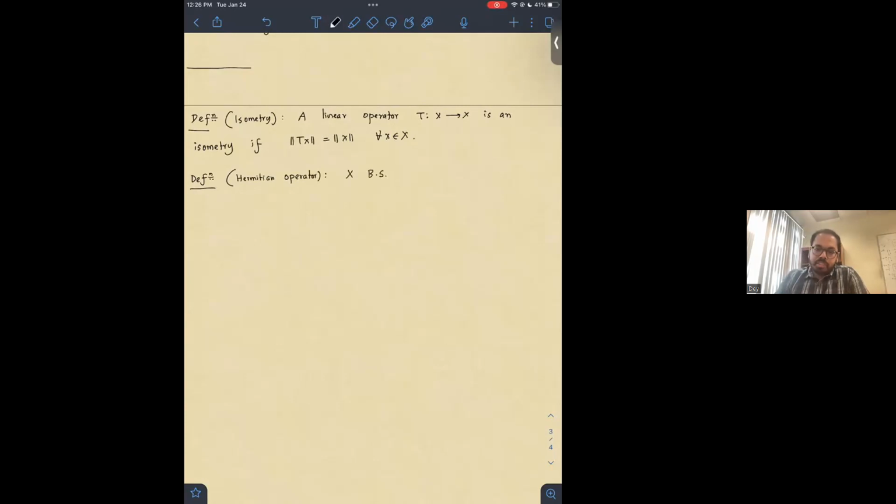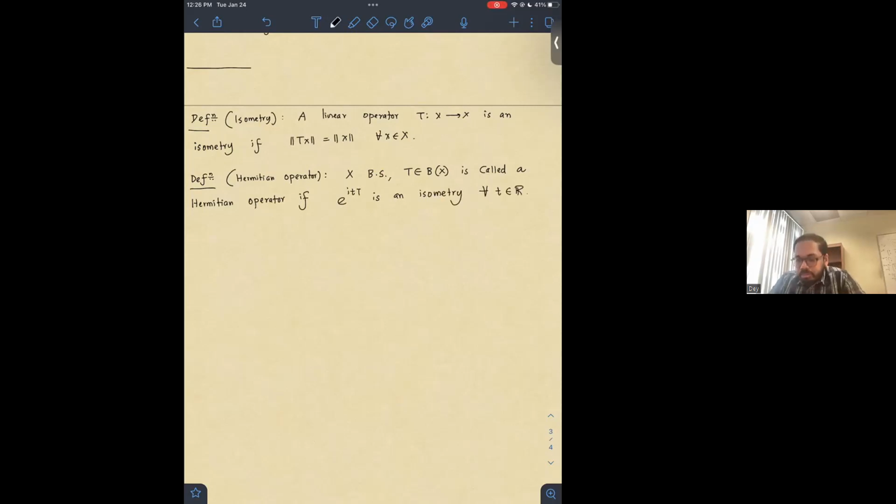Then T in B(X) is called a Hermitian operator if the operator e to the i t T is an isometry, and this has to be true for every little t in R.